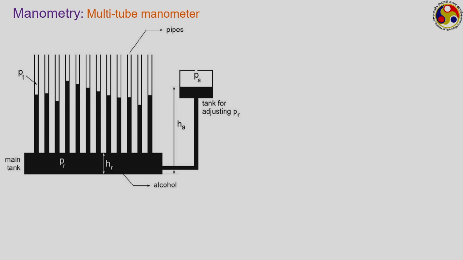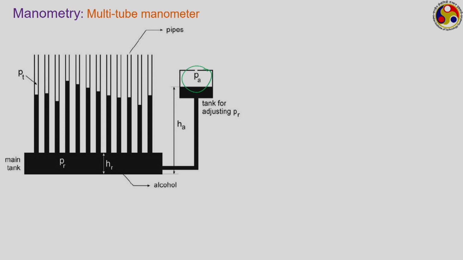In that situation we have a common arm of the manometer connected to a certain reference. Like in this case, this is the standard reference arm, open to the atmosphere, thereby maintaining the atmospheric pressure as the reference pressure. Then instead of a single second arm, we have multiple second arms, each mounted at a different location of the corresponding channel or tank.